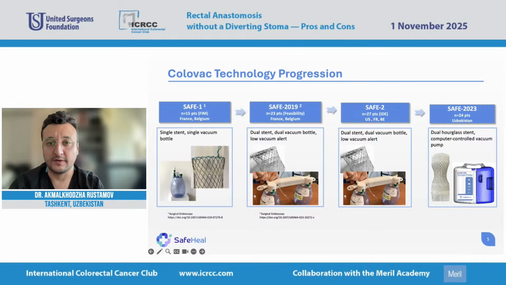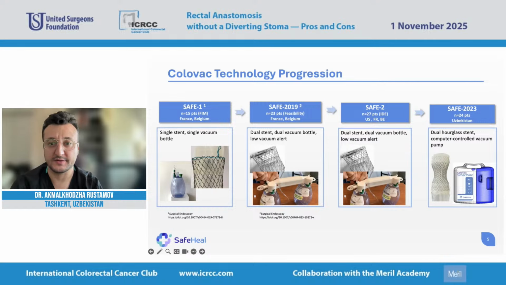Then came SAFE 2019 and SAFE-2, where a dual stent design and low vacuum alert system were introduced. However, despite good safety results, these early versions still had migration issues, particularly noted in the SAFE-2 trial.